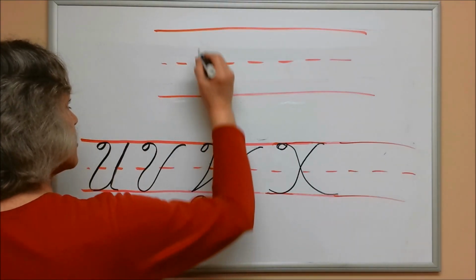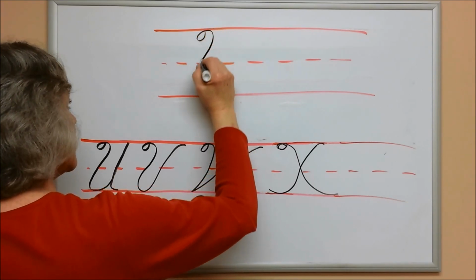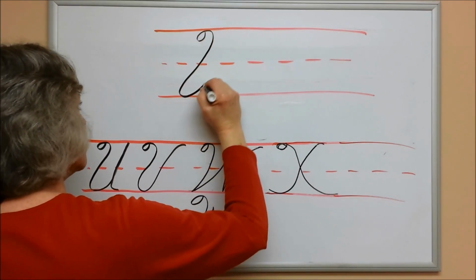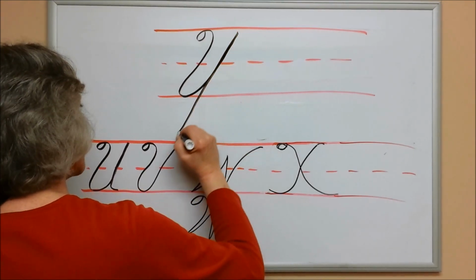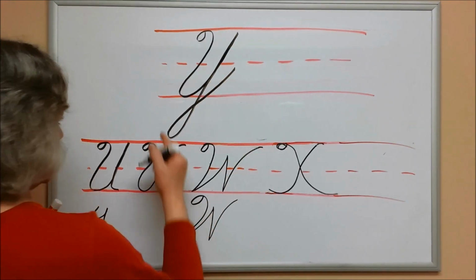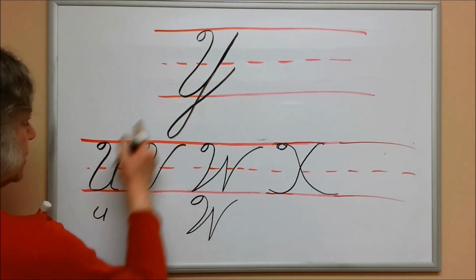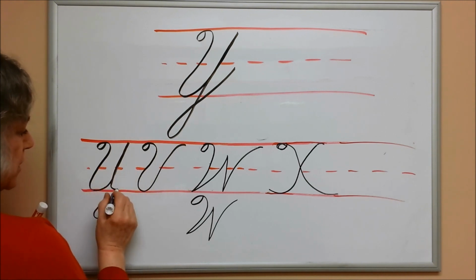The letter Y starts at the top. We make our loop, come down like the U, go back up, back down, and make a loop below the line like this. So the top part of the Y and the U look the same. The U, of course, stops on the line.